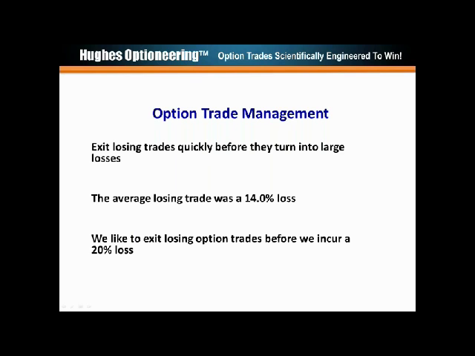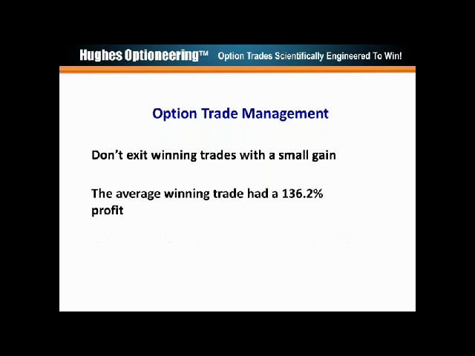We were wrong, and we will simply exit before it develops into a large loss. And in this example, we exited, and the average loss was a 14% loss. So by not exiting winning trades with a small gain, we had an average winning trade in this example of 136%.